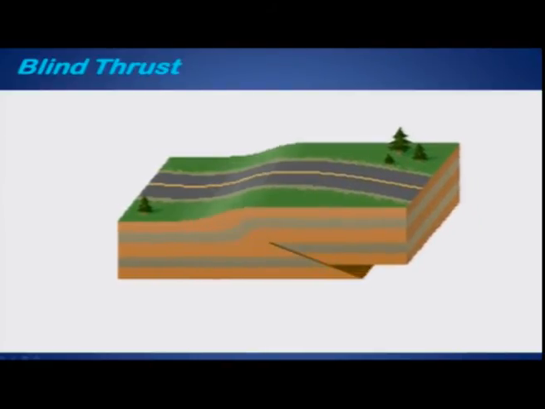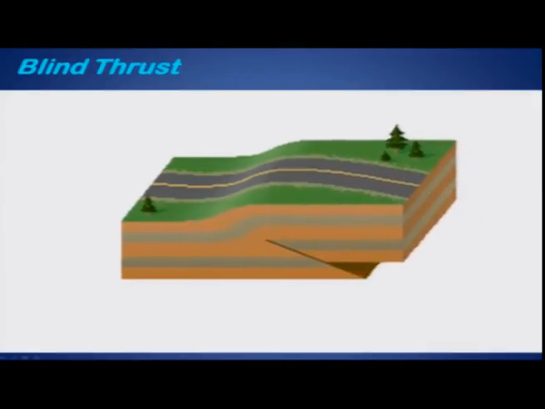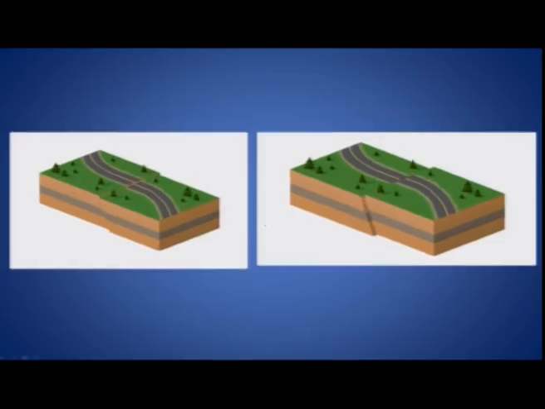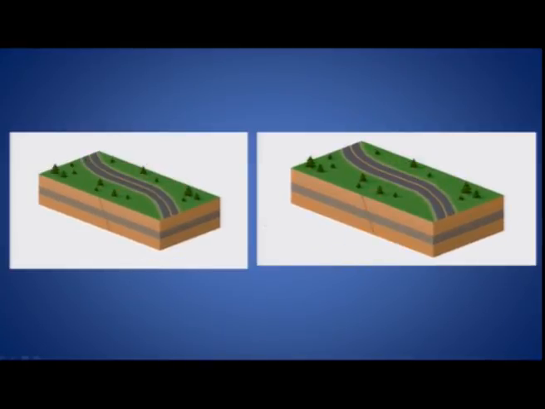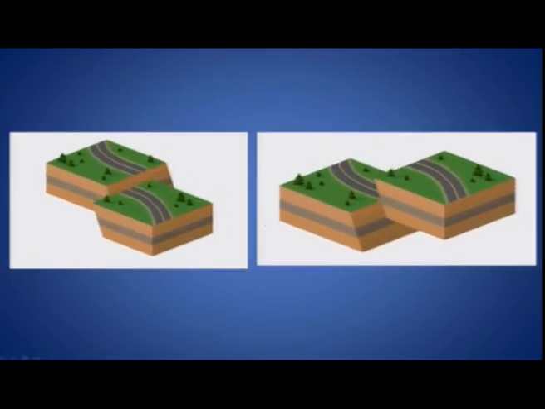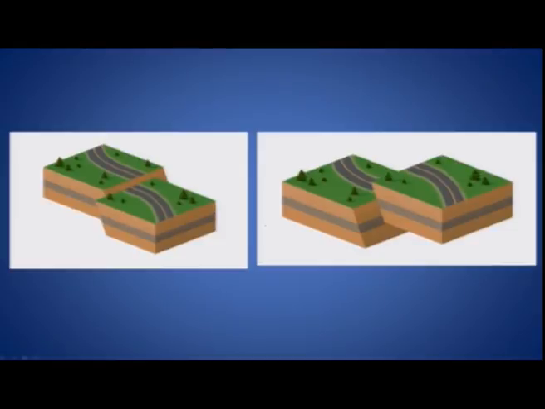So where the displacement has not been able to reach the surface, it remains blind, hence we term this a blind thrust. Now this one has two different components, and the combination of those two components we can see here, and these are termed oblique slip faults.